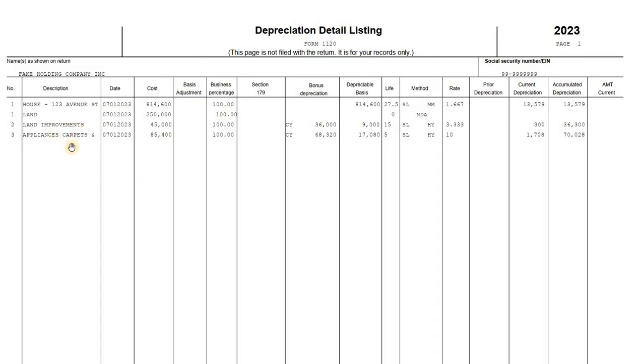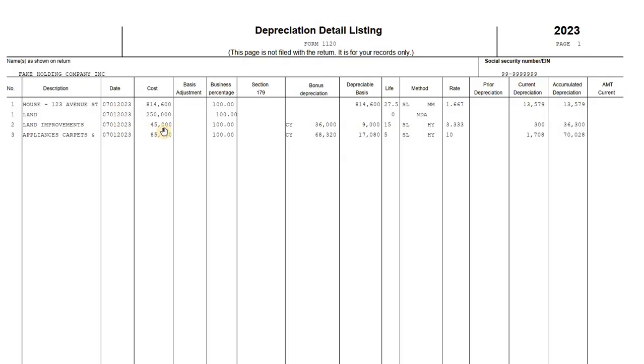We've got the improvements, and then appliances, carpets, furniture, fixtures, all those other items that are going to be 5-year property. We have the costs associated with each item and the bonus depreciation column. We can claim bonus depreciation on these 2 items, the land improvements and the appliances, and note that it's 80%.